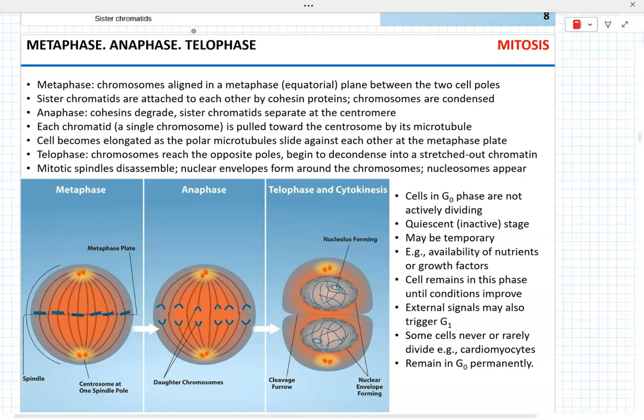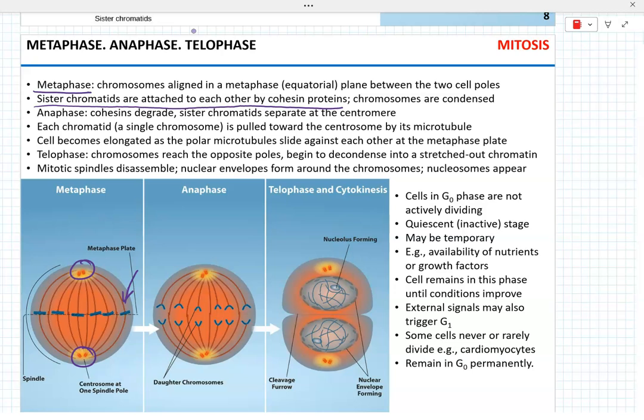During metaphase, chromosomes align in the equatorial plane between two cell poles, between two centrosomes. Remember that sister chromatids are attached to each other by cohesin proteins, and chromosomes at this point are condensed.